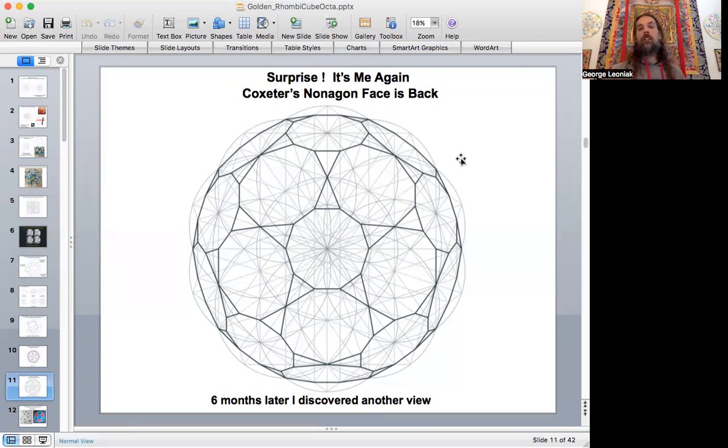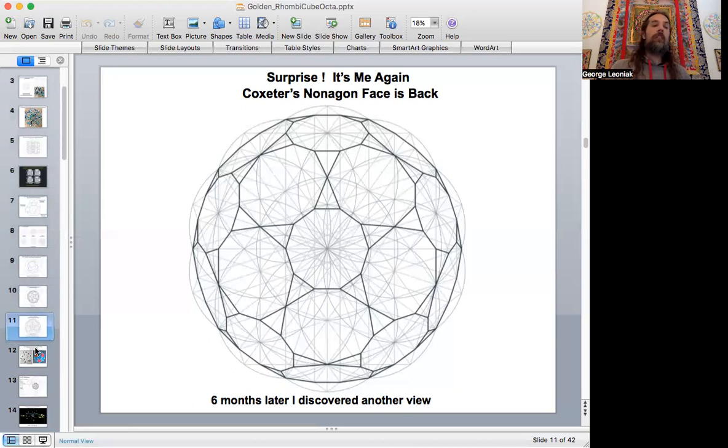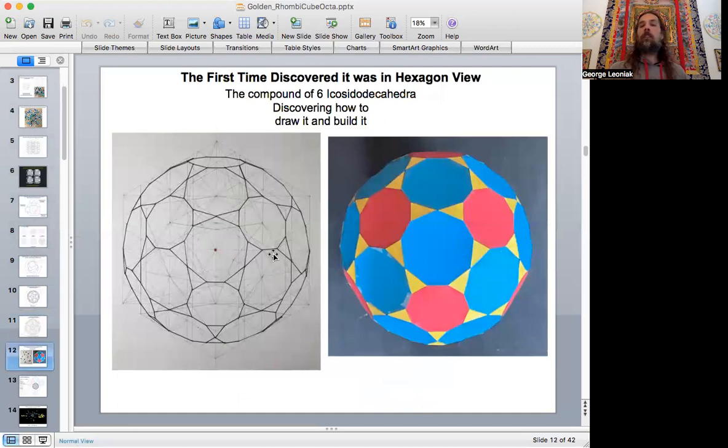So this was really exciting to be able to draw it and take it on that rotation into the pentagon view. And it was through the rotation of this form that provided the correct vertices. And this is the first time that I drew it. Here it is hand drawn, as well as the build that I was just showing you, constructing the nonagon faces. So it's not a regular nonagon.